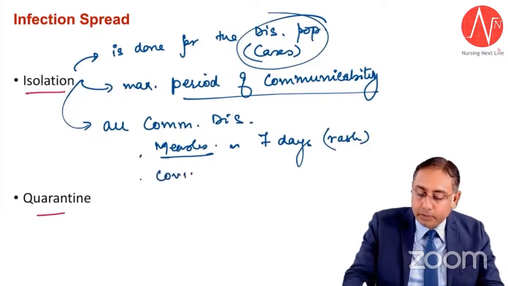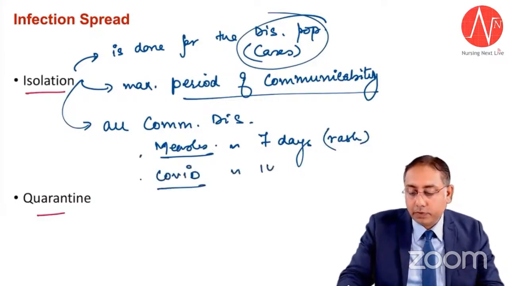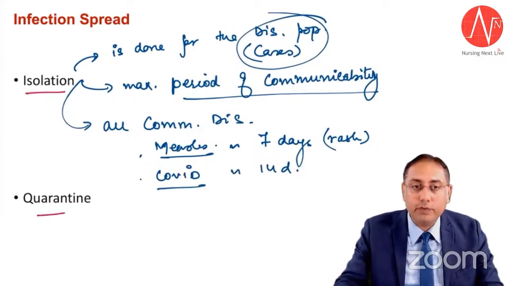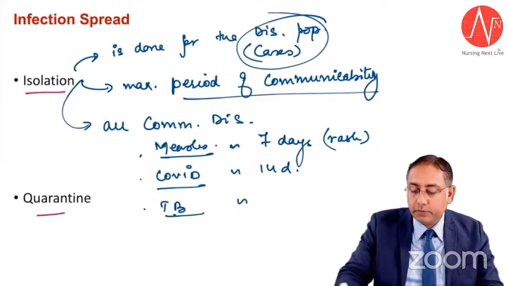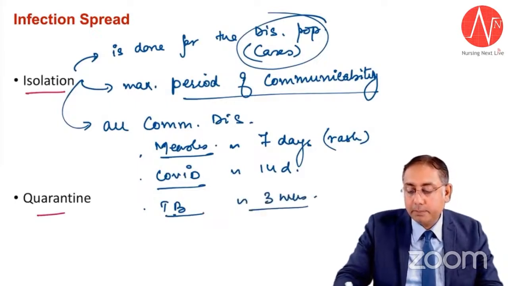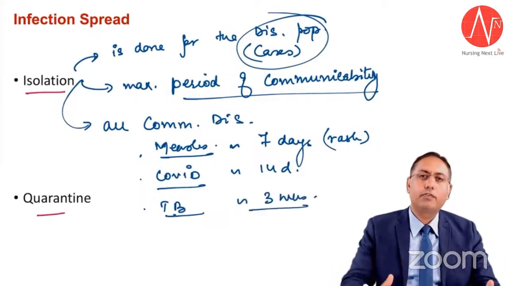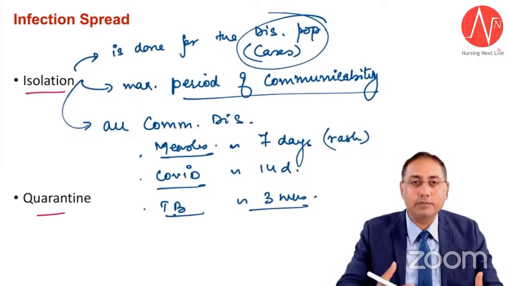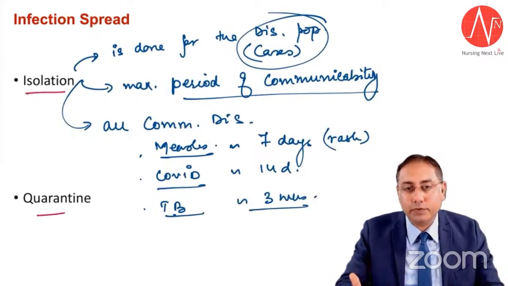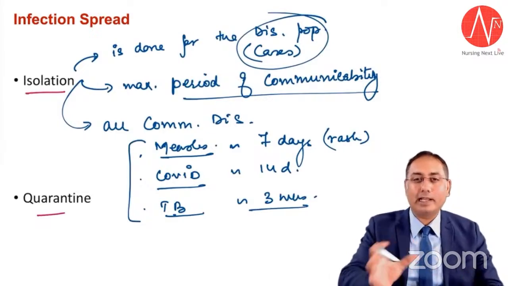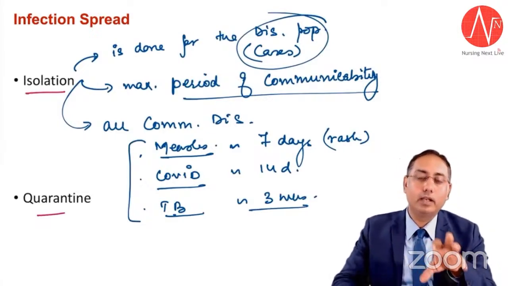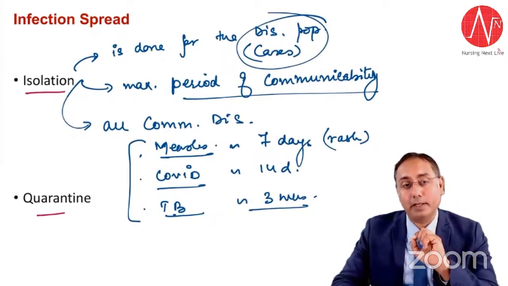For COVID-19, usually the isolation is for 14 days after the onset of the fever, first day. Similarly for tuberculosis, it is usually for at least 3 weeks after the patient starts the treatment, or after the first onset of cough or any features of tuberculosis, for at least 3 weeks they should be isolated. So that technically ranges around the period of communicability.